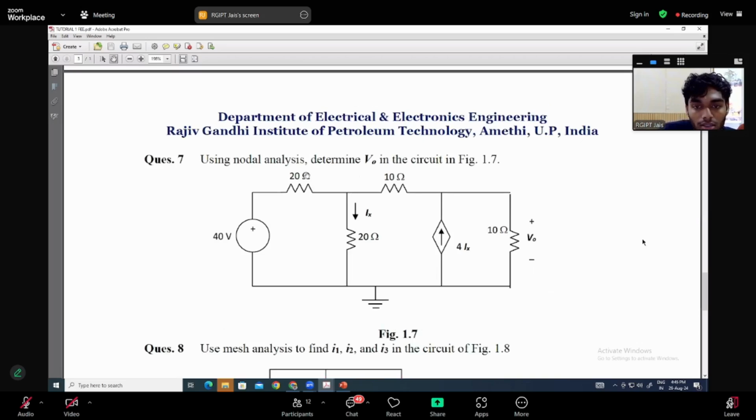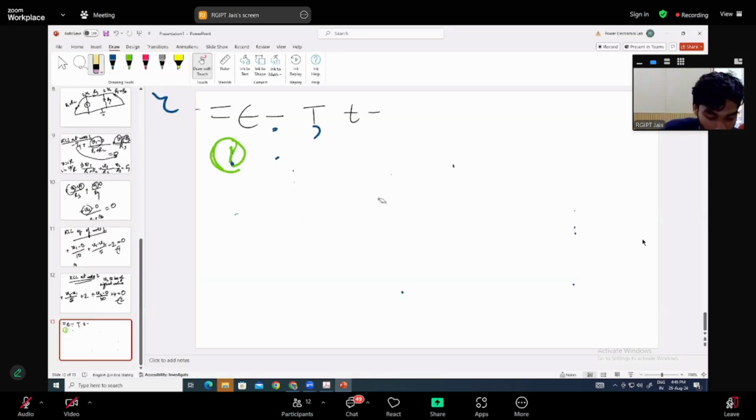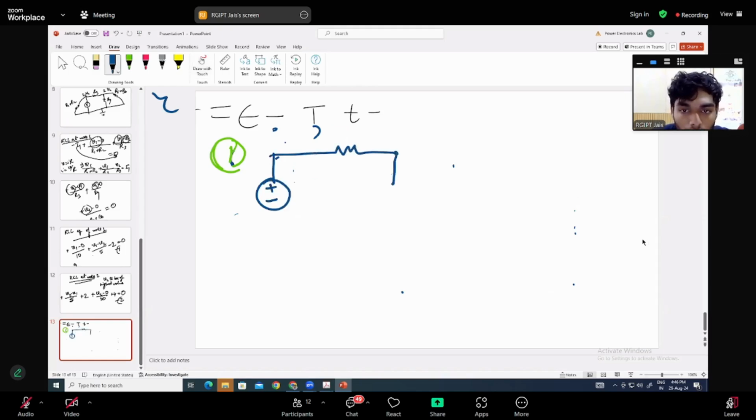So I will be drawing this circuit again. This is one node, I'm naming it A, and this one I'm naming B. Now we have taken two nodes, A and B.